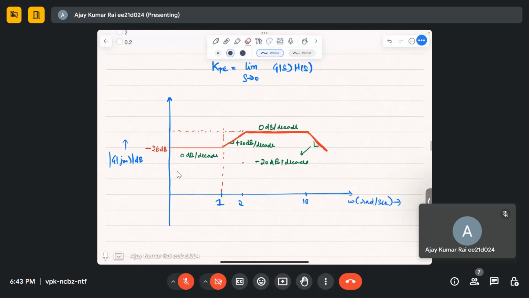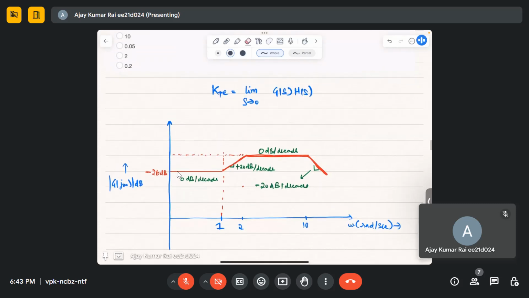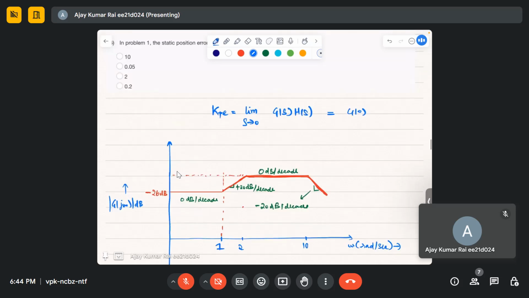This we know, and we have to find Kp. So s tends to 0, G(s)H(s) you have to find out, with H(s) equal to 1. Basically we have to find out this.